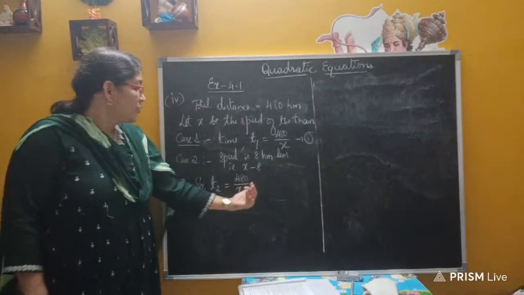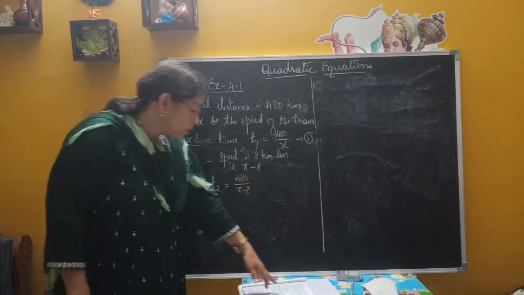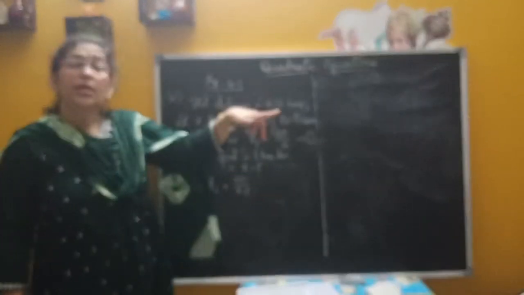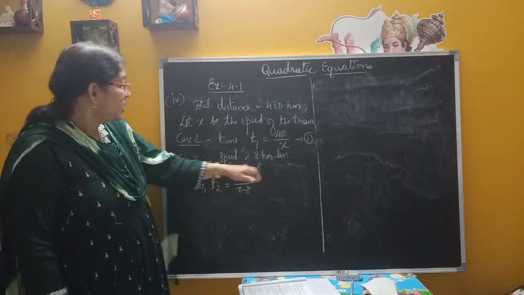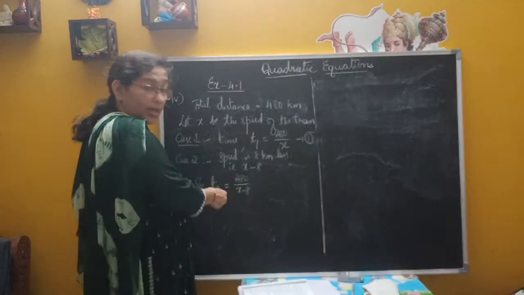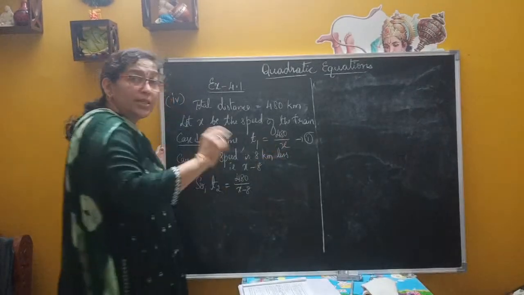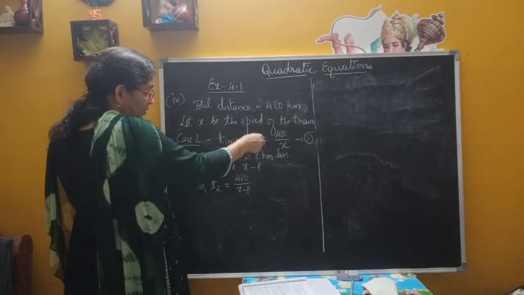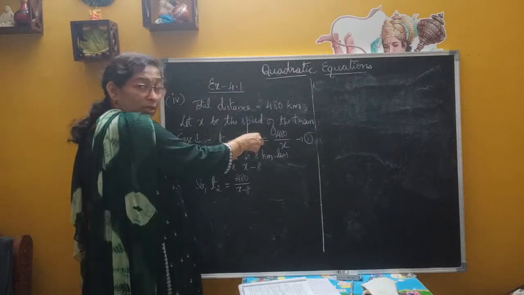Now one more condition is given. If the train goes with this speed, what is the difference in timings? It is 3 hours. The second case takes 3 hours more. Which is more? In the second case the time taken is more, and in the first case t1 is less.